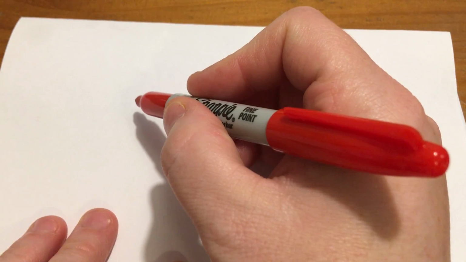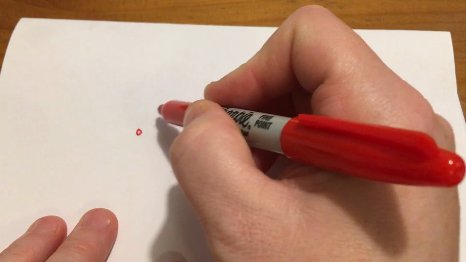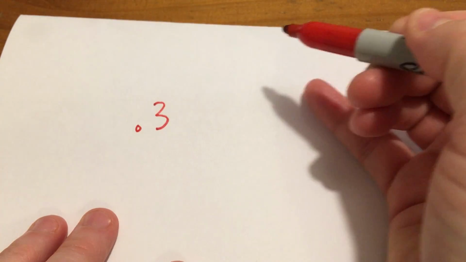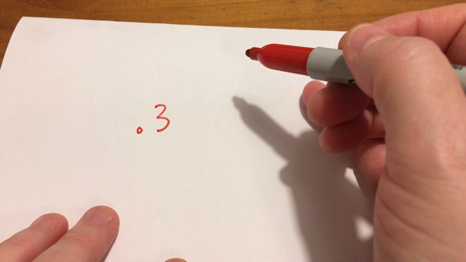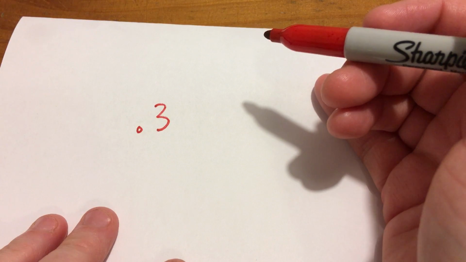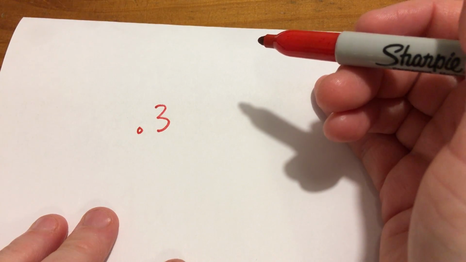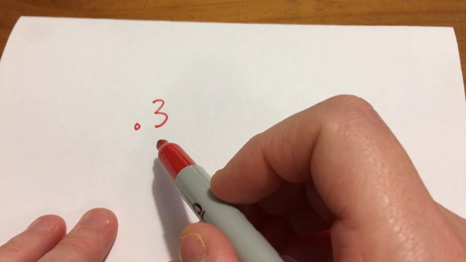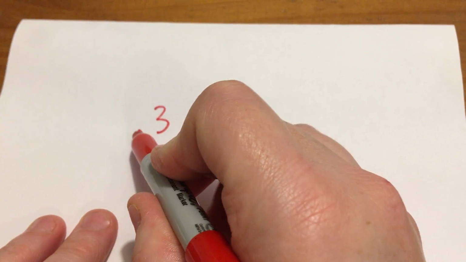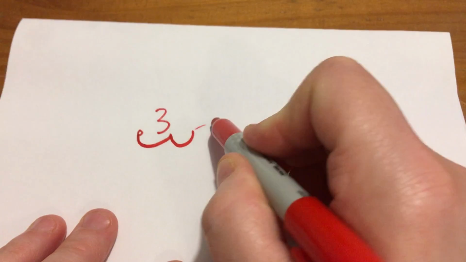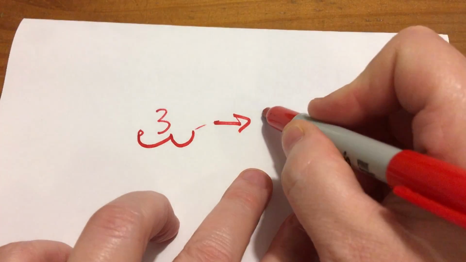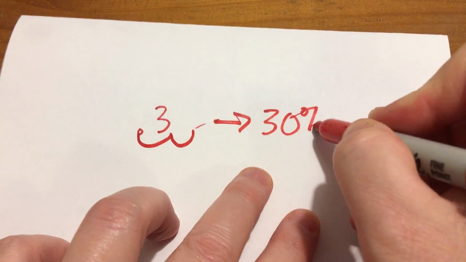So when you have a decimal, let's say 0.3, to change a decimal into a percent, it's all about moving the decimal place. To change it to a percent, you go forward or to the right, 2 places, 1, 2, which would give you 30%.